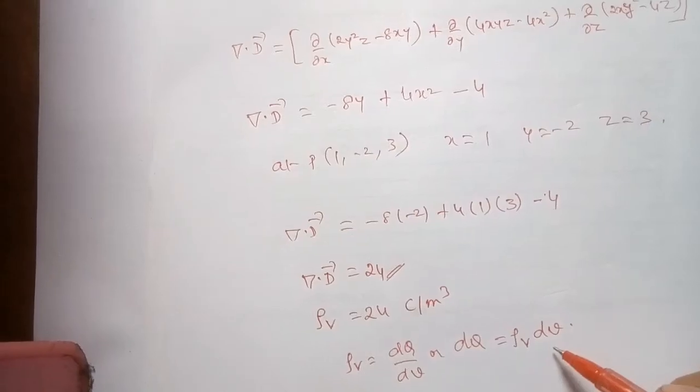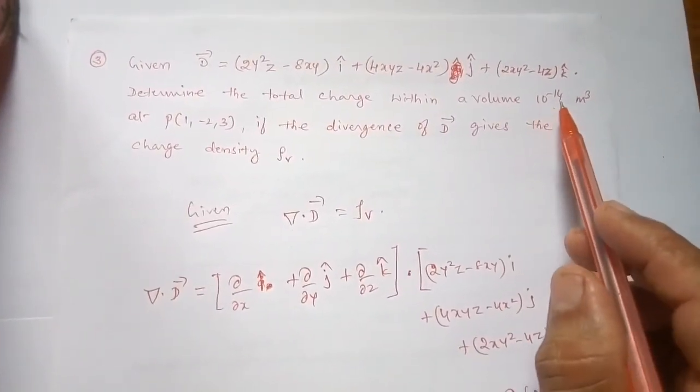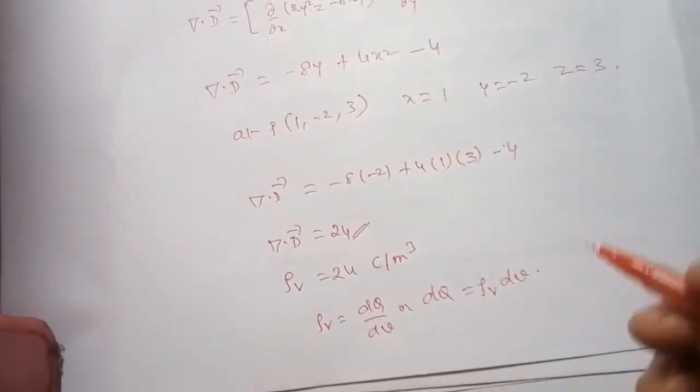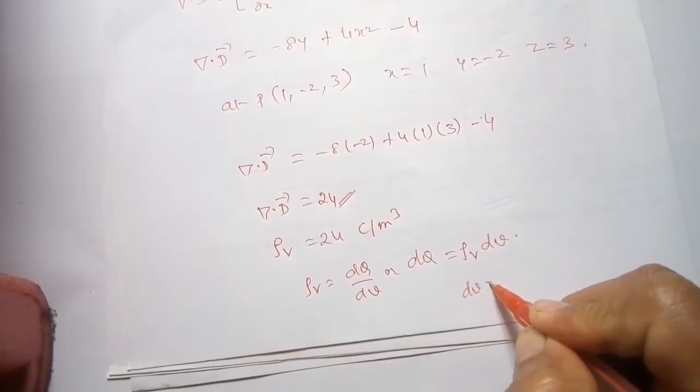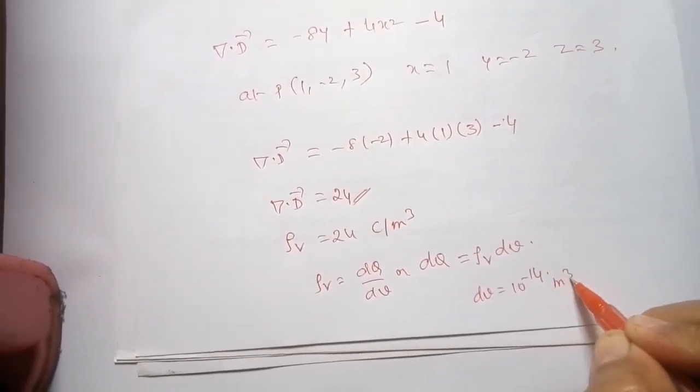So in the data it's given that volume is 10 to the power minus 14. So therefore dV is equal to 10 to the power minus 14 meter cube.